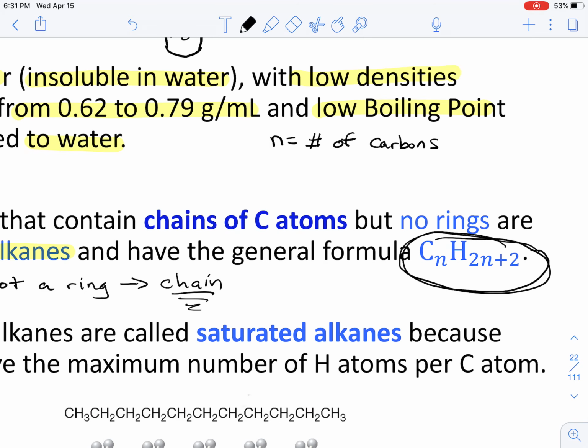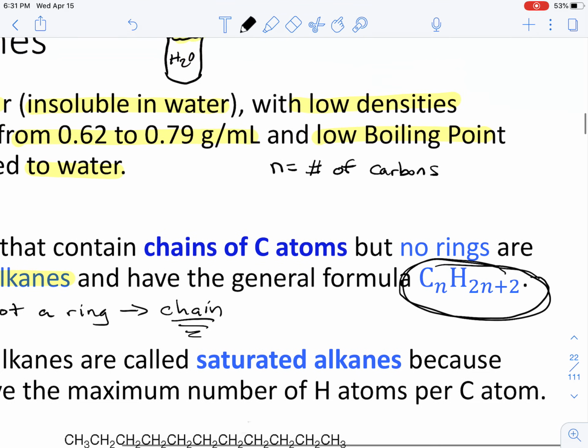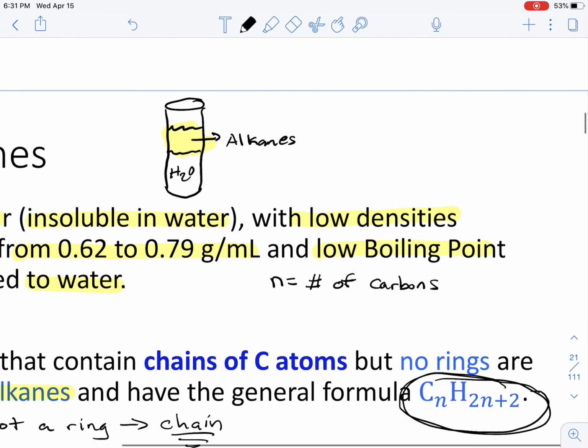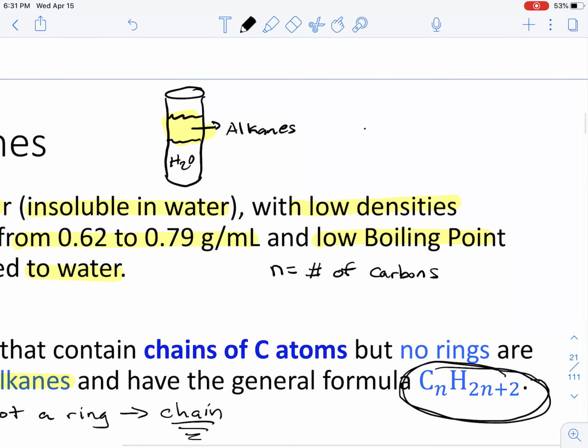So if we were to look through an example, let's just say that we have this organic compound. If you recall, each point on this zigzag line that I just drew represents one carbon. And so if this is a 5-carbon compound, then the value of n is equal to 5.